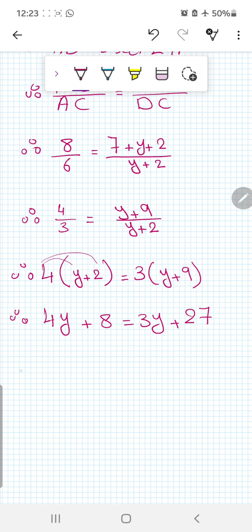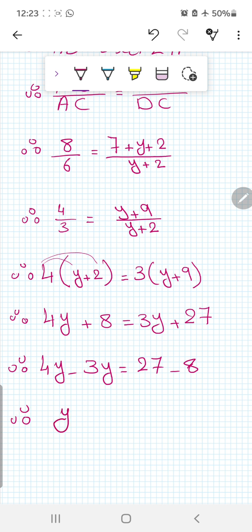Collect Y together: 4Y minus 3Y equals 27 minus 8. Therefore Y equals 19.